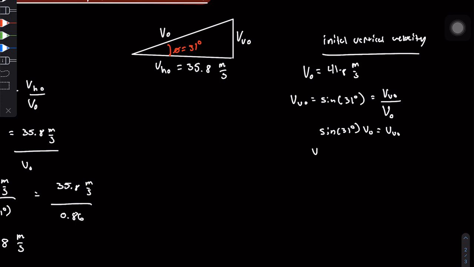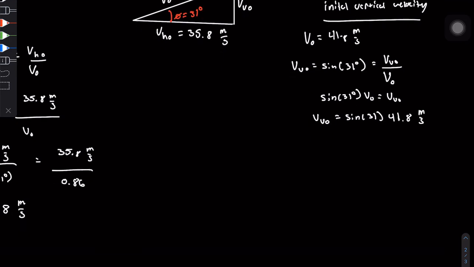So the initial vertical velocity is equal to sine of 31 times 41.8 meters per second. So the initial vertical velocity is 21.5 meters per second.